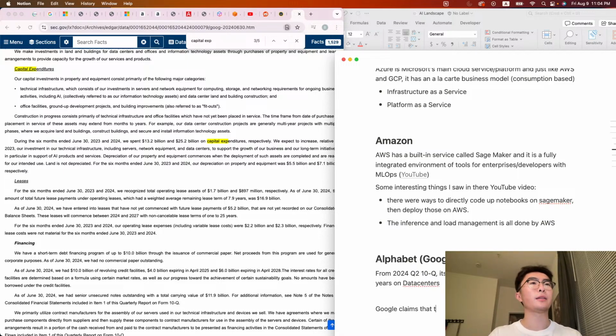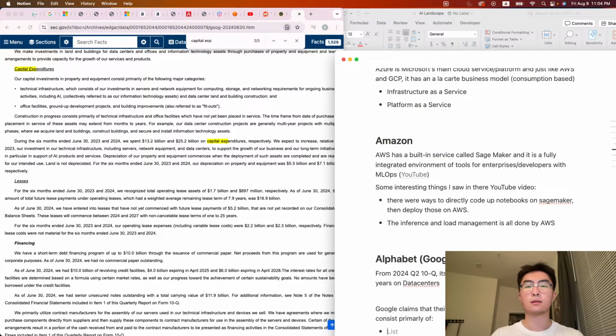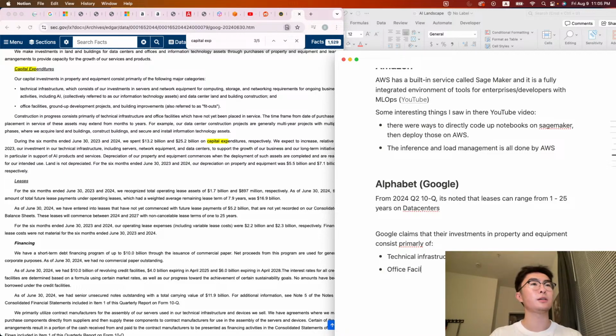Google claims that their investments in property and equipment consist primarily of technical infrastructure, servers, network, land, building, office facilities, building improvements.